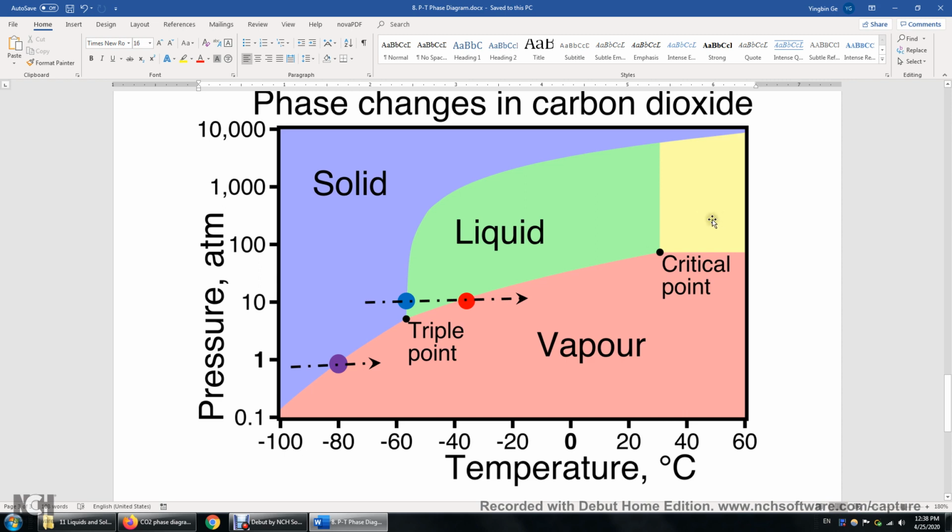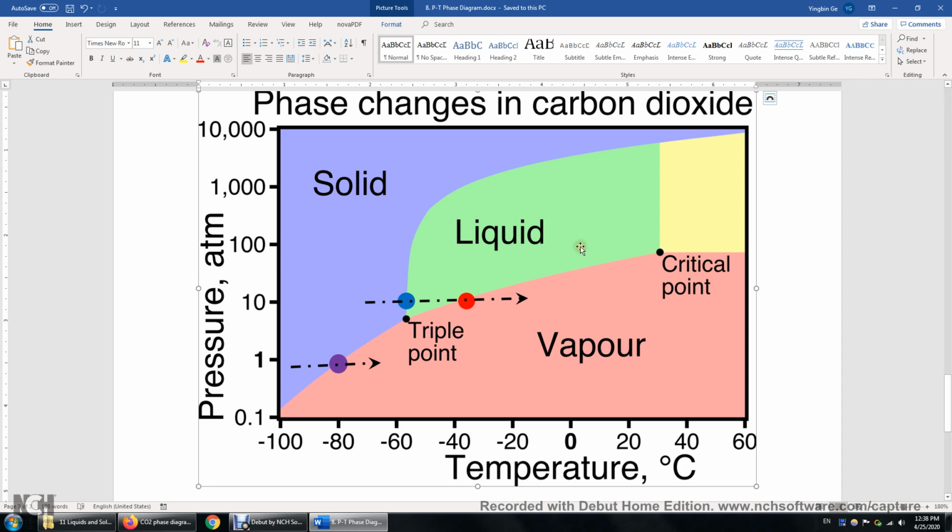Let me give you one more example. Let's say we hold the temperature constant at 0 degrees Celsius. At 0 degrees Celsius, CO2 is a gas under 1 atm pressure. Over here, this is 1 atm pressure, and this is 0 degrees Celsius. Now let's increase the pressure. If we keep increasing the pressure to this point, the CO2 gas starts to condense into the liquid phase.